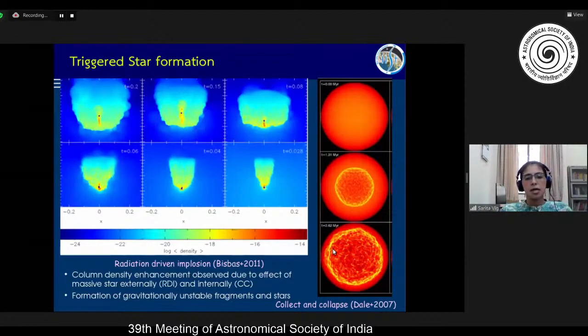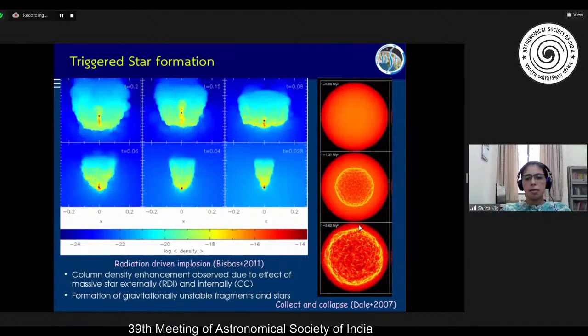And these are some simulations which are trying to understand radiation-driven implosion as well as collect and collapse. So here in this set of simulations, the star is located below here, and this indicates the timestamp. Due to the radiation pressure, the material is ablated here, and what you are left with is a pillar-like or globule-like structure, which can trigger the formation of stars at this location here.